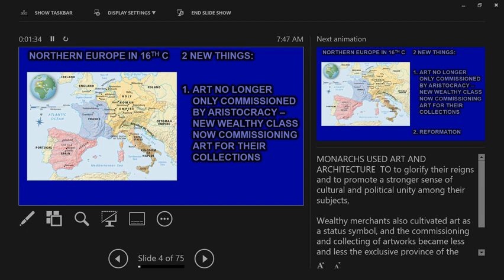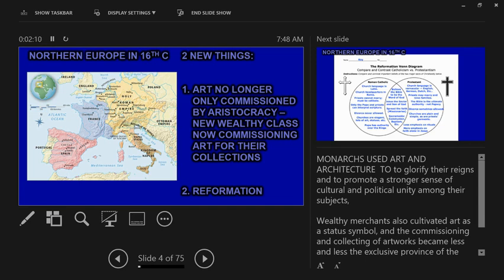They're in charge. And so all the art is made for the Catholic Church, the Roman Catholic Church, and the Pope. Whereas in Northern Europe, we have a lot of money that is in the hands of businessmen, and businessmen are now buying artwork, and that creates a huge difference in art.